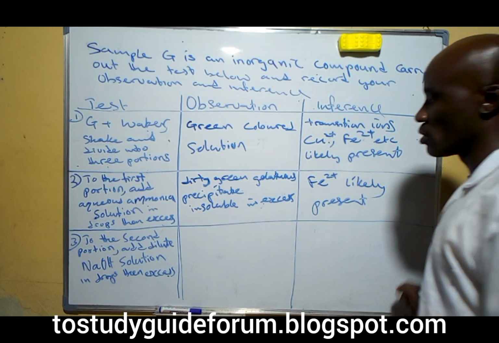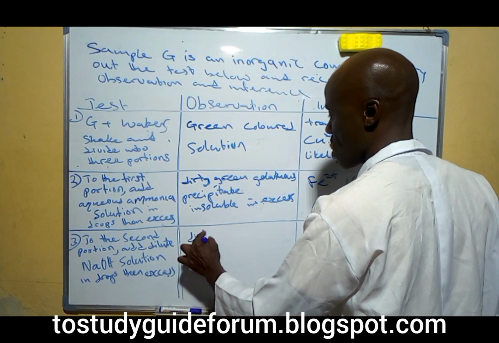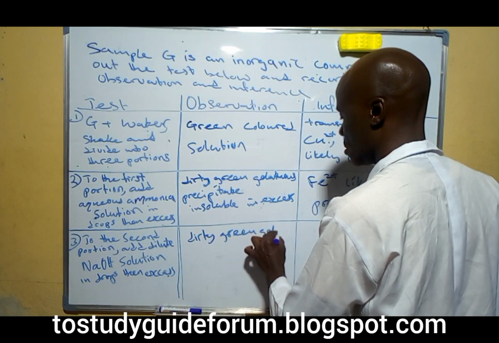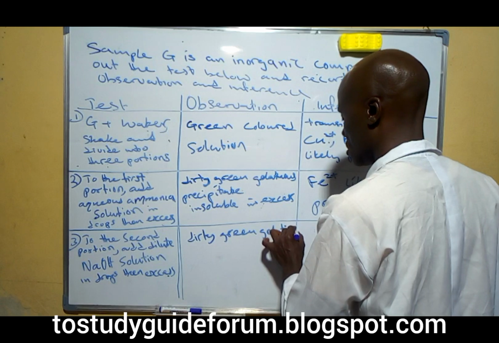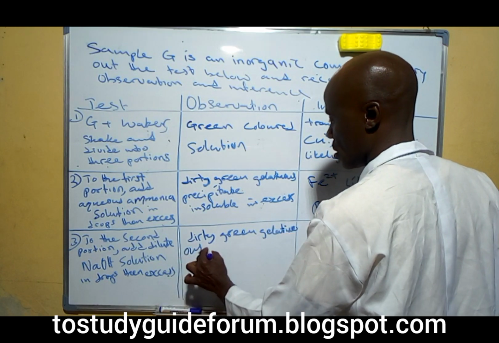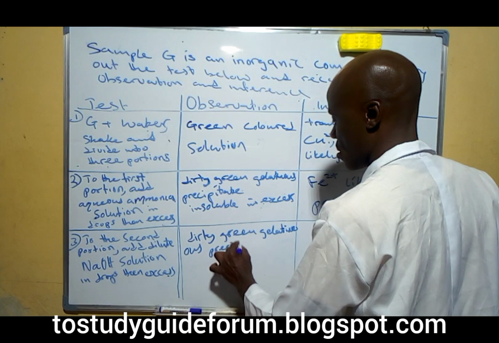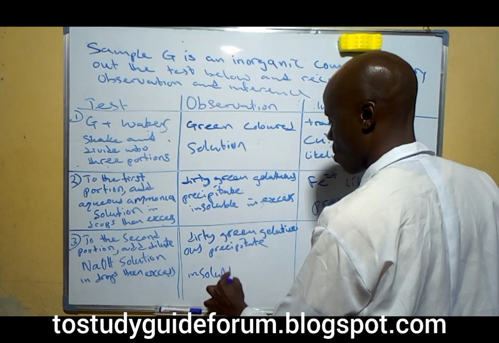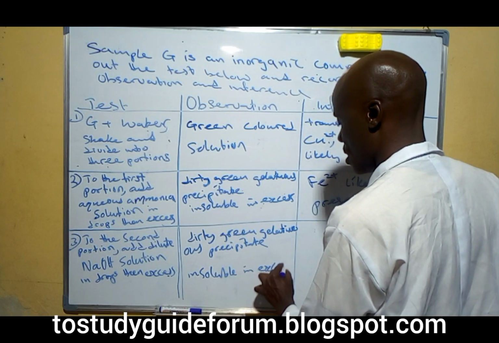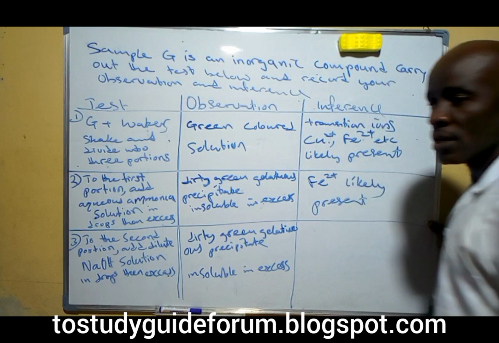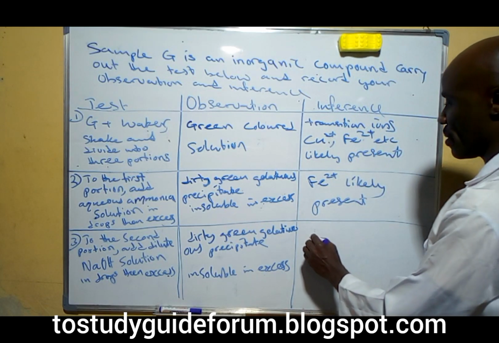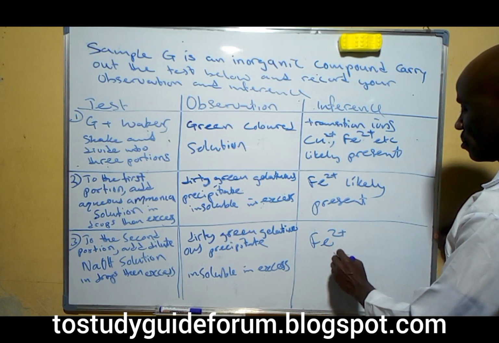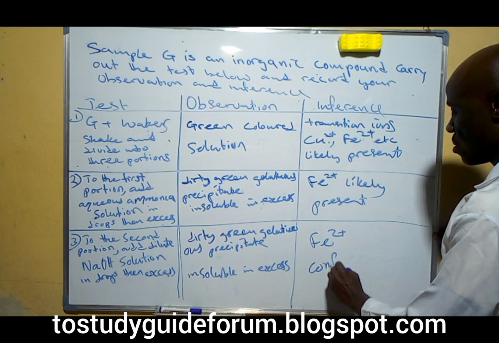When we add in drops, we notice another dirty green gelatinous precipitate, insoluble in excess. That confirms the presence of iron 2 ion.